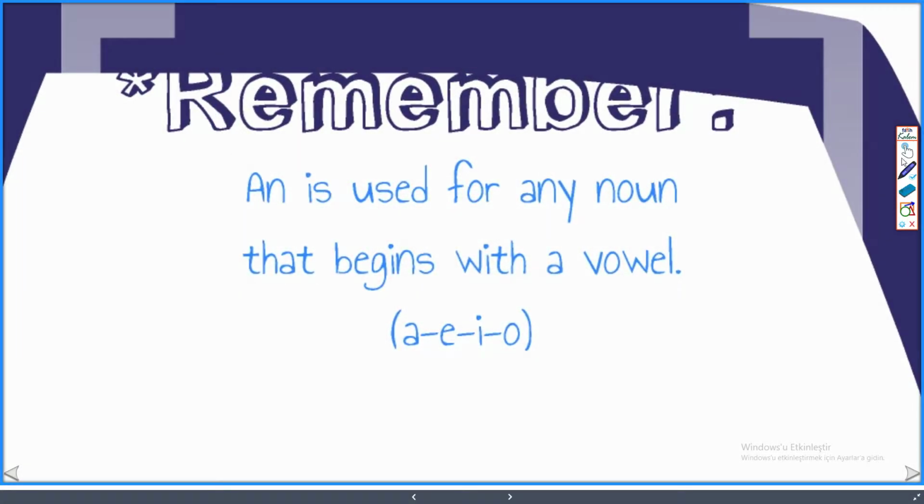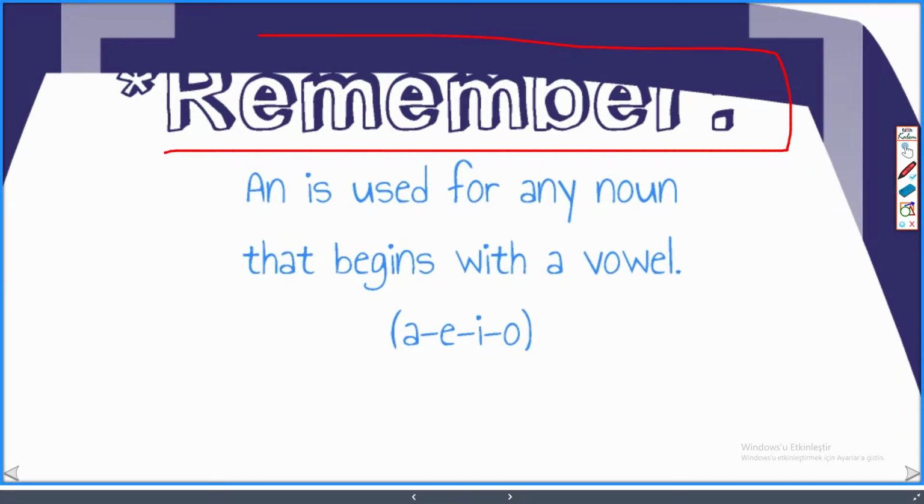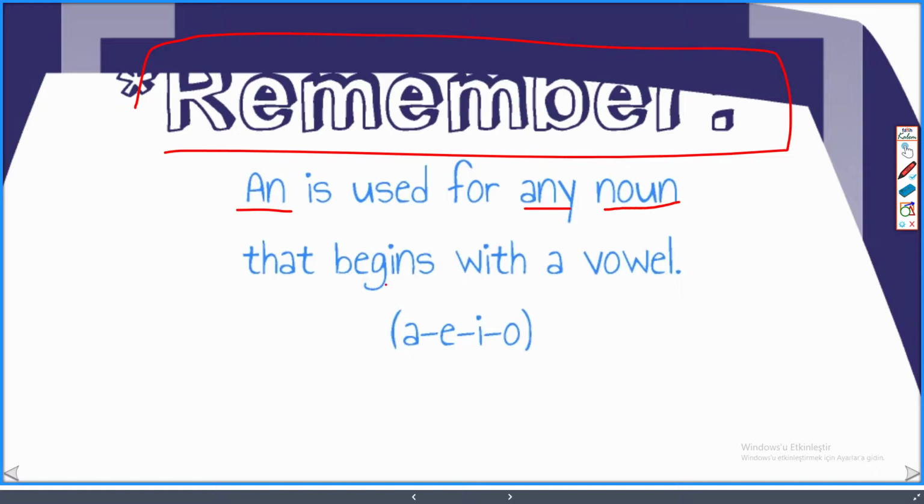Remember that an is used for any noun that begins with a vowel. Our last session I told you that an is used for any noun that begins with a vowel. It means A, E, I, O, and U, by the way.